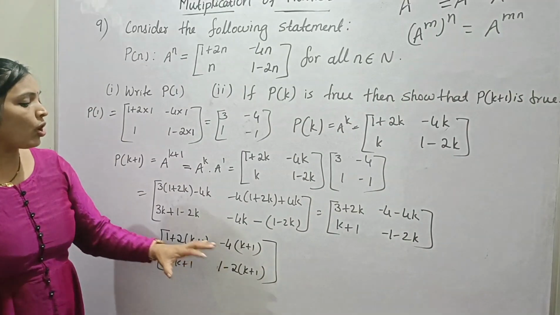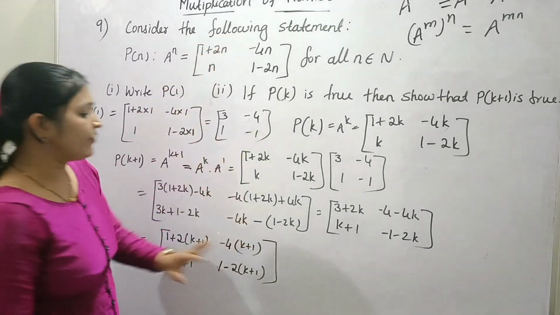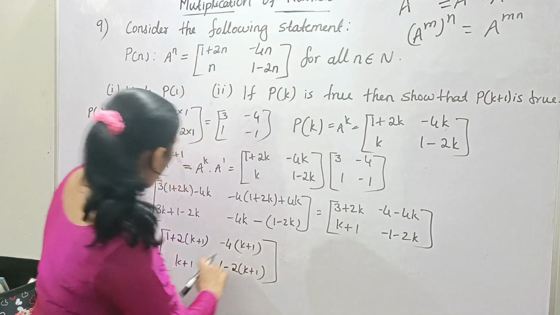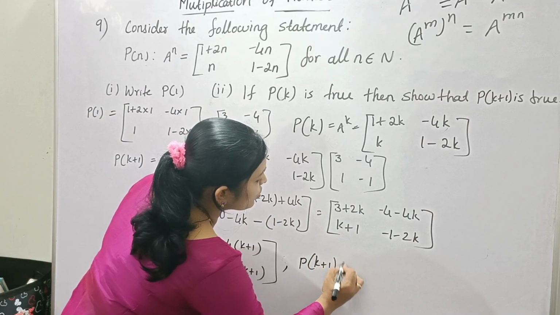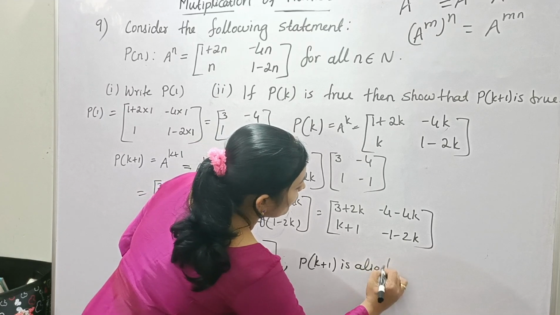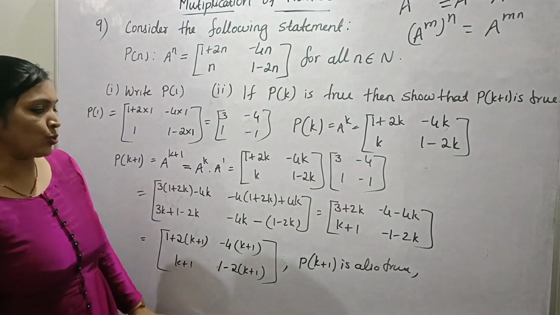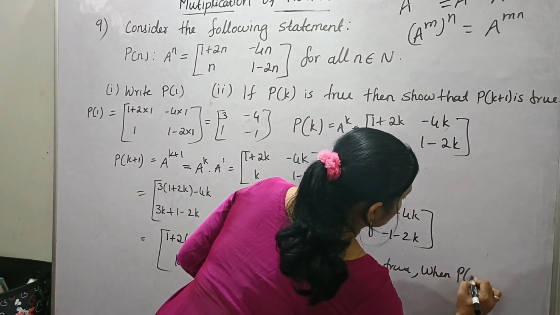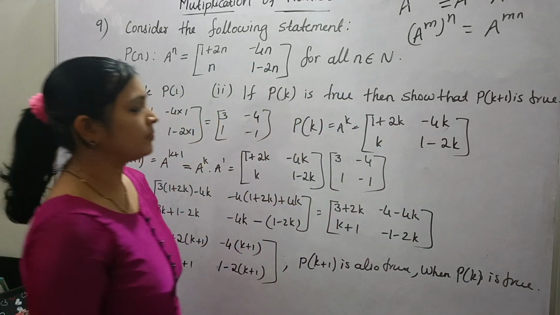So now we have got it in the form of this P of n. Therefore it is P of k plus 1. So P of k plus 1 is also true when P of k is true. That's all.